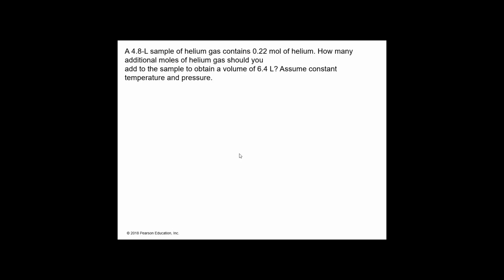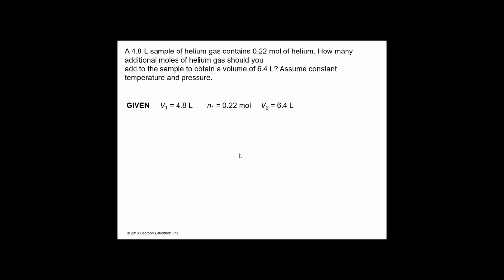So let's do some problems. A 4.8 liter sample of helium gas contains 0.22 mole of helium. How many additional moles of helium should you add to the sample to obtain a volume of 6.4 liters? Assume constant temperature and pressure. So let's pull out what we know. Sometimes if you don't know what type of problem it is, just pull out the variables so you can see what you have to work with.